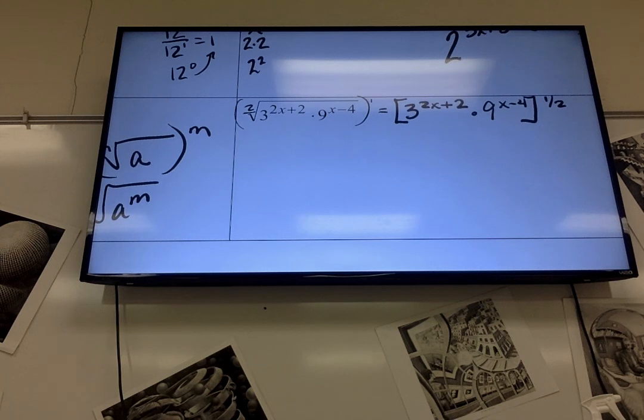Now, order of operations, we start inside those brackets. And what do we do with those two? Just add that. You gotta change it. Yeah. You gotta change that 9 to match the 3. How many 3s do I have that will make up a 9? 2 of them. So this one stays the same. 9 is 3 squared.